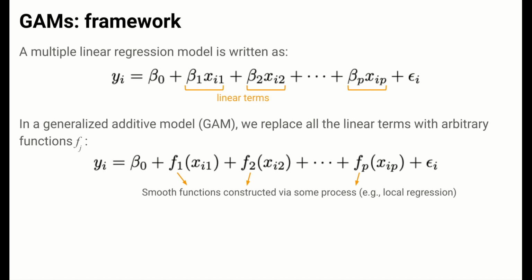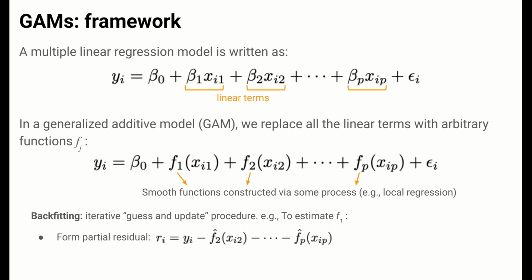So unlike the GAM specifications that we just looked at, specific global variable transformations and splines, a GAM specified as coming from local regression can't be fit with standard least squares. Instead, an iterative procedure called backfitting is used to estimate f1 through fp. The idea behind backfitting is that we make initial guesses for each of the functions and use these guesses to update the estimate for each function iteratively using the desired fitting process, which is local regression here.